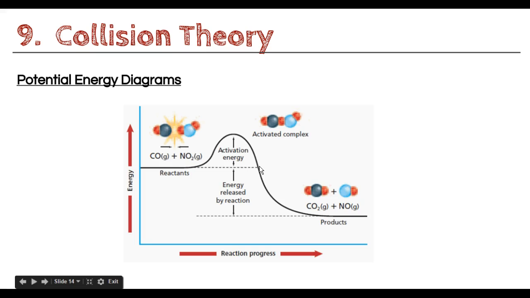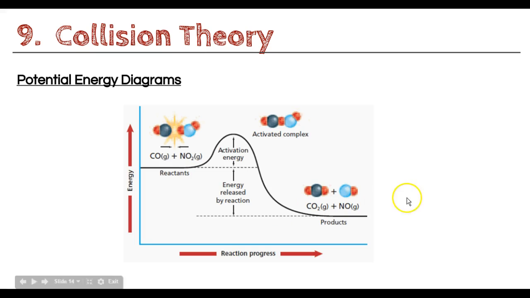Okay, in the same way, I can look at this reaction and see that my reactants are starting with a certain amount of energy. It looks like my final products have a lower amount of energy than what I started with. And so the difference between the reactant energy and the product energy describes the enthalpy change for that reaction.